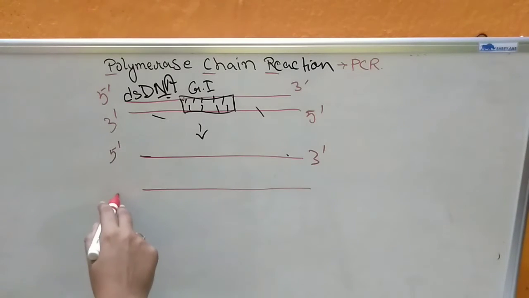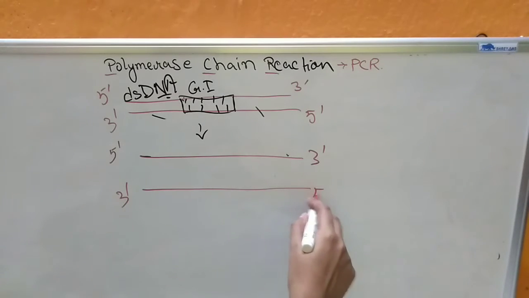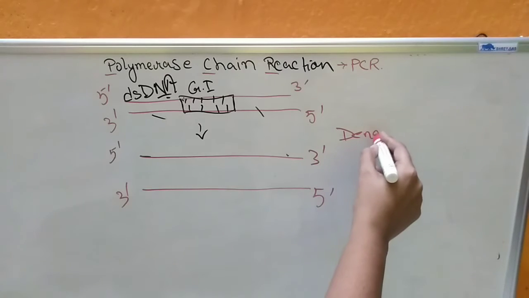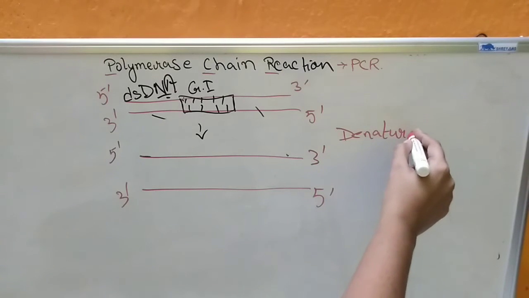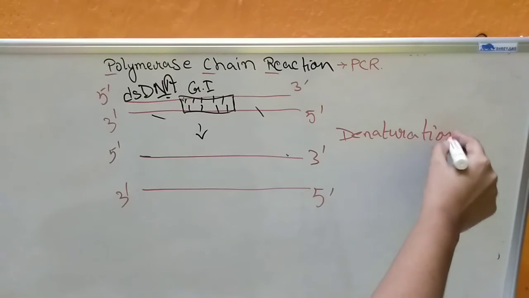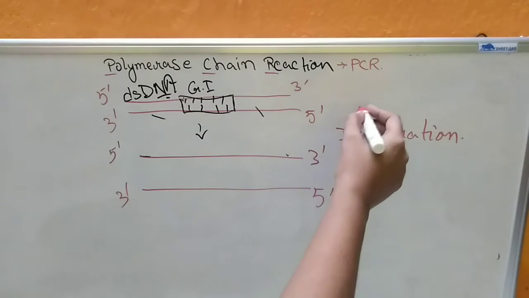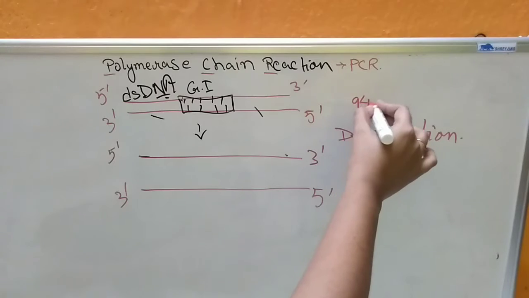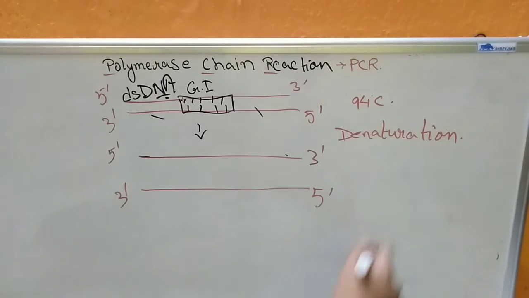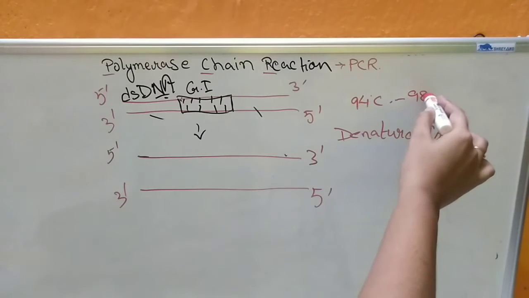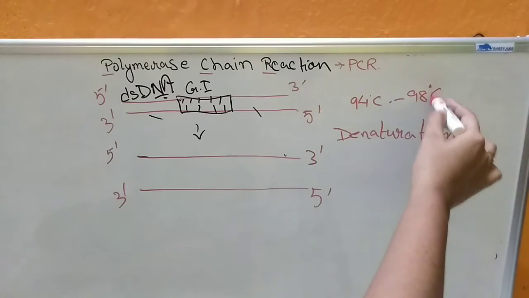And how does this first process, the denaturation, take place? The denaturation normally takes place by applying high temperature, for example 94 degrees centigrade. The temperature range also goes up to 98 degrees centigrade.